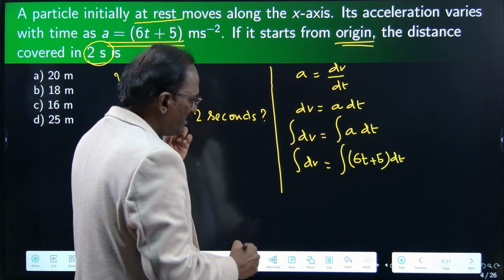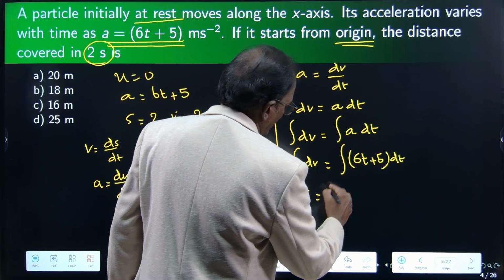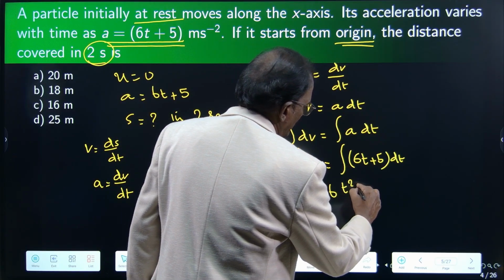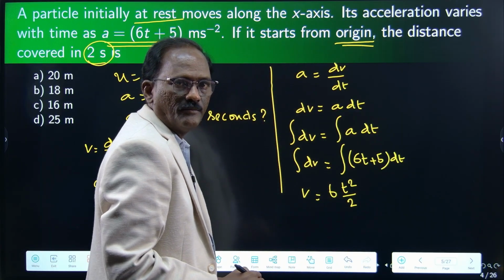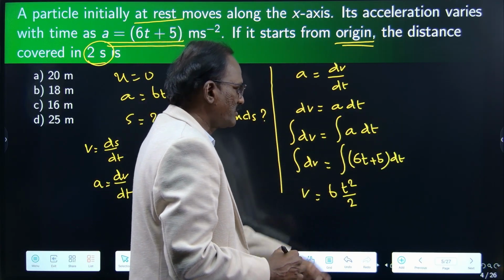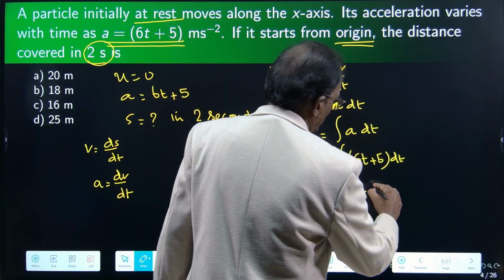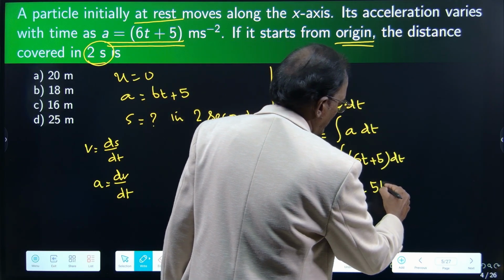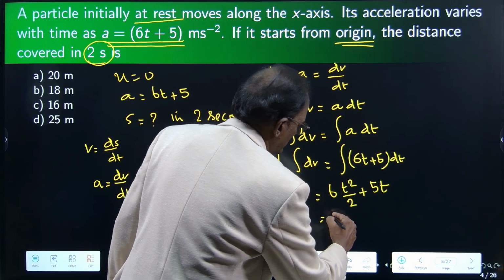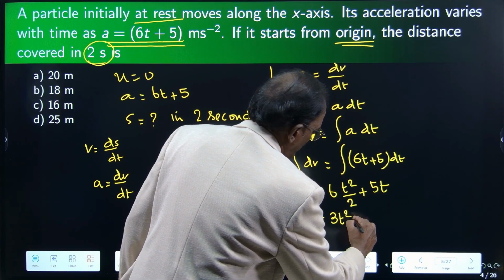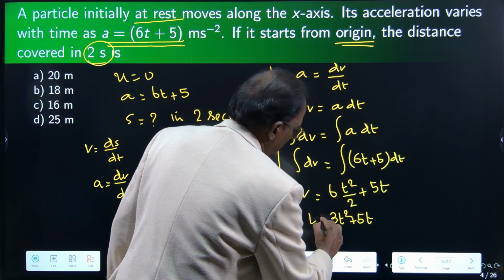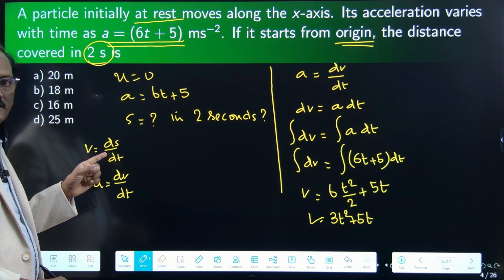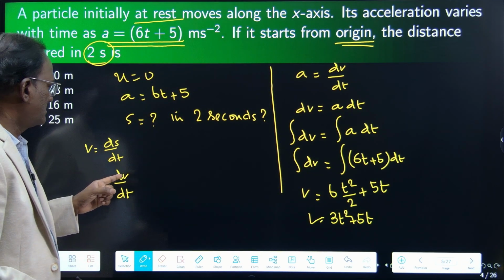Integral of dv will give us v. Integral of 6 is 6 constant, t is written as t square by 2. Basic integration. Plus 5 is constant, if we integrate a constant, the variable will come, 5t. So this is 3t square plus 5t. This is velocity. From velocity, we have to find the distance, right?